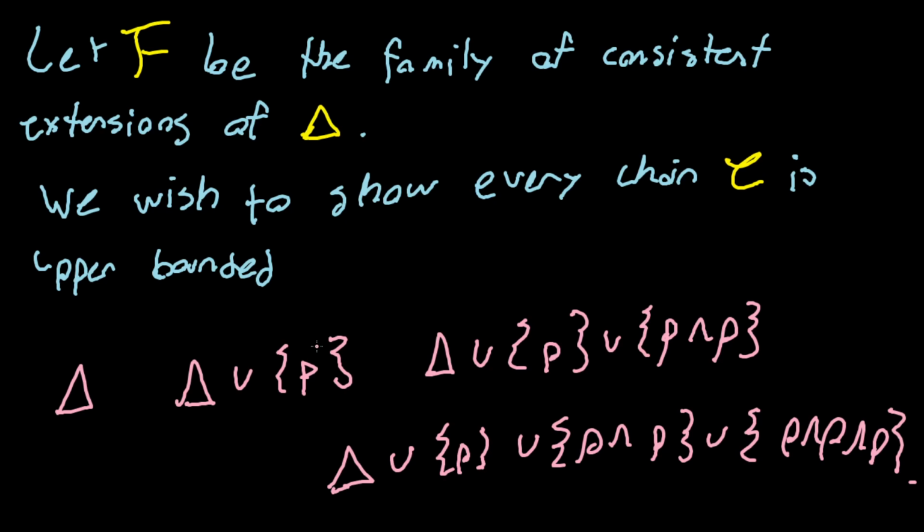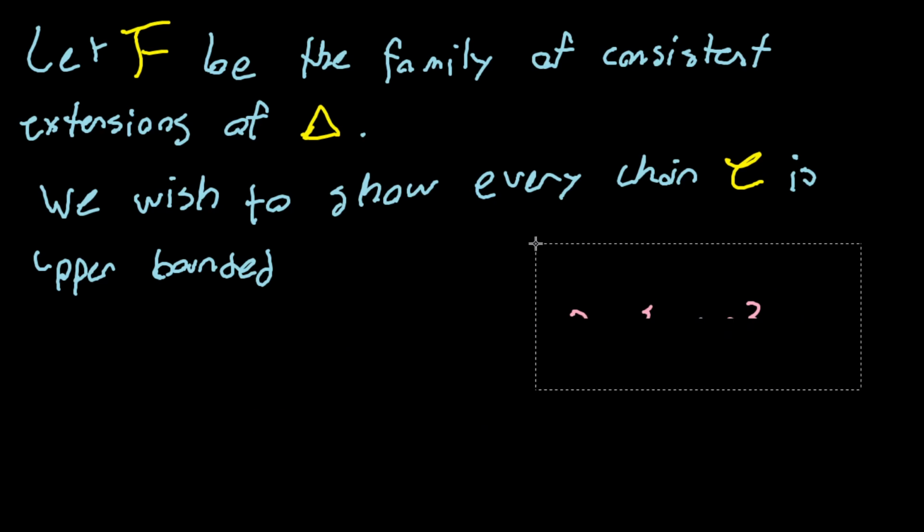So that's the difficulty. Hopefully that's a good example. This is our first example of seeing an infinite chain, so I thought it was worth showing that. It's really the infinite chains that are interesting. Of course, the finite chains are much easier.